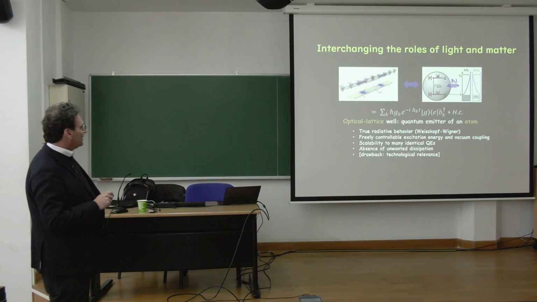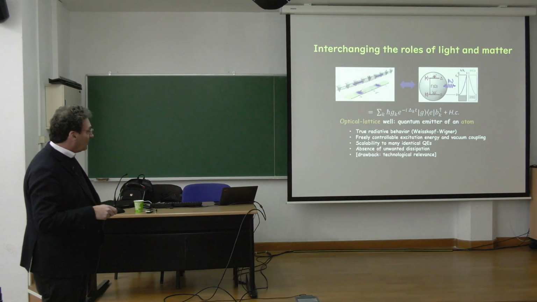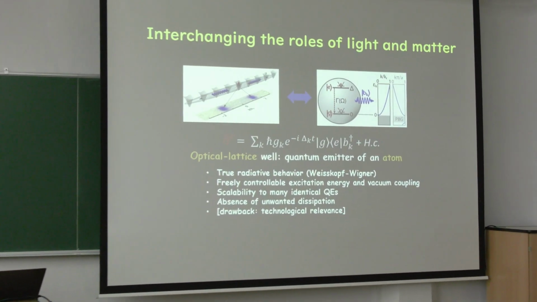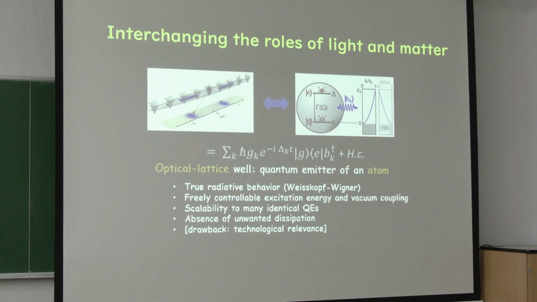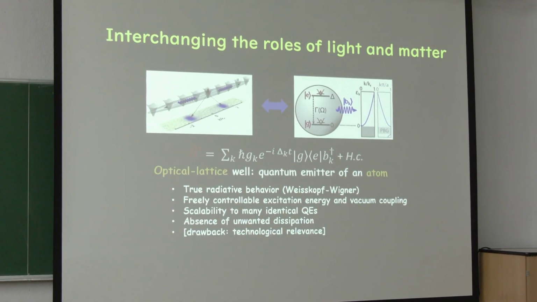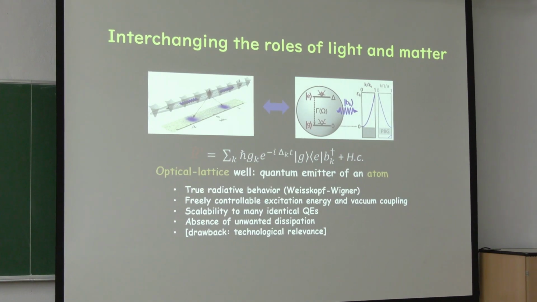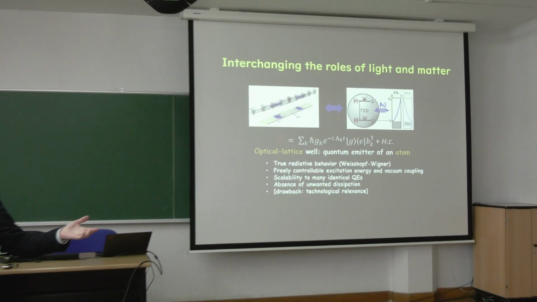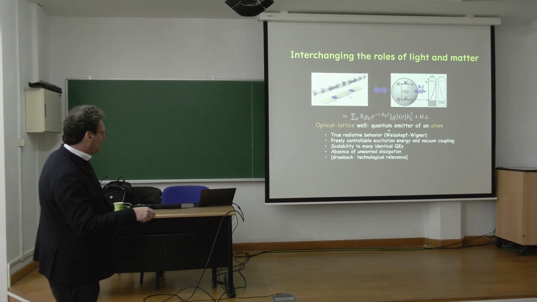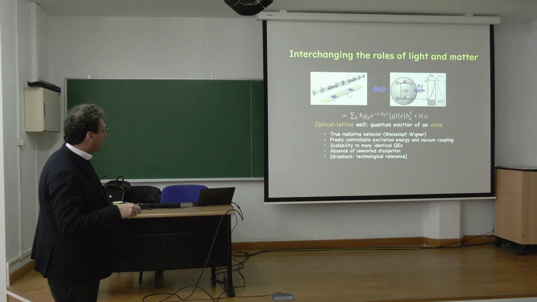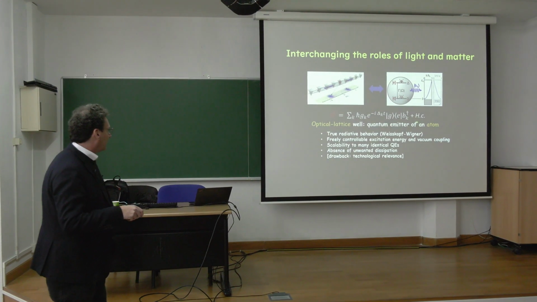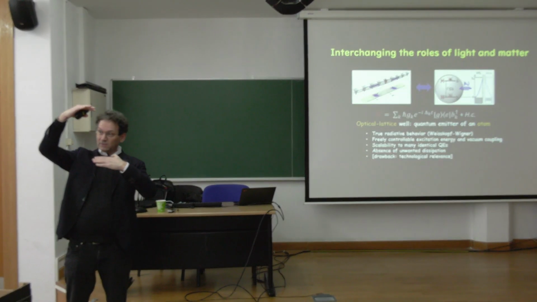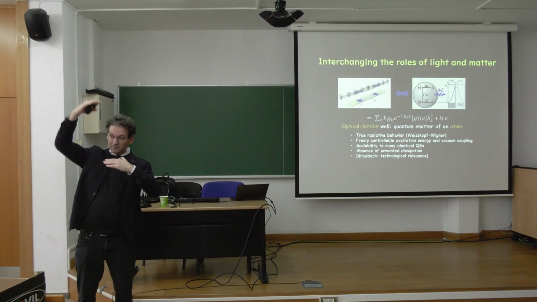So what is it that we are doing? We create an emitter, a two-level system, which emits a quote-unquote photon, except it's not a photon that comes out, but a massive particle. This particle is actually an atom itself. But it follows the same physics. And the advantage is that we can control the parameters freely. For example, we can control the energy of the emitter freely.